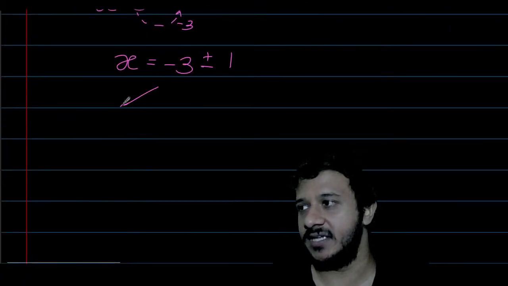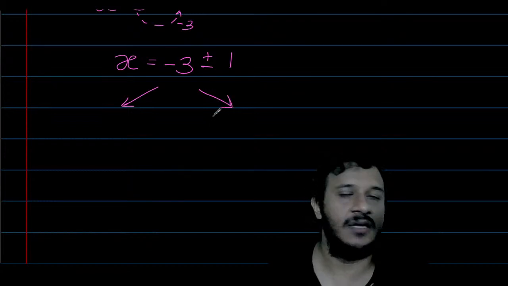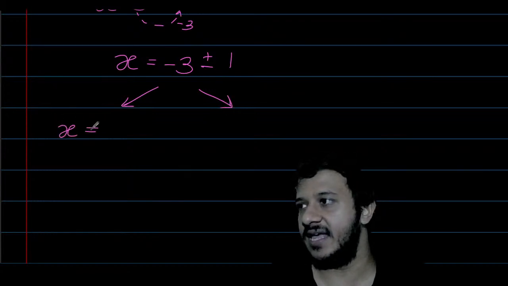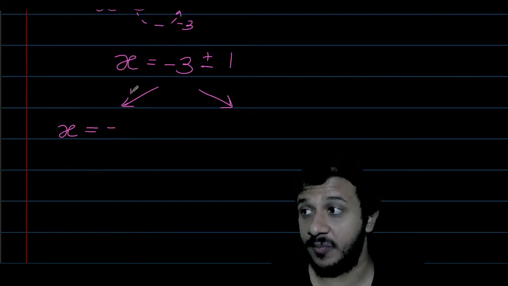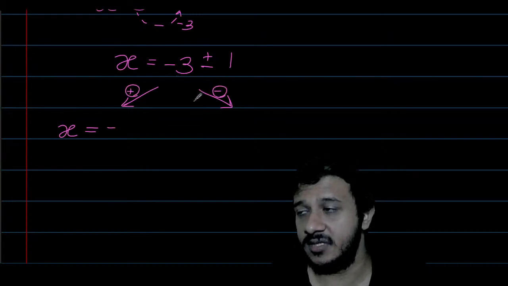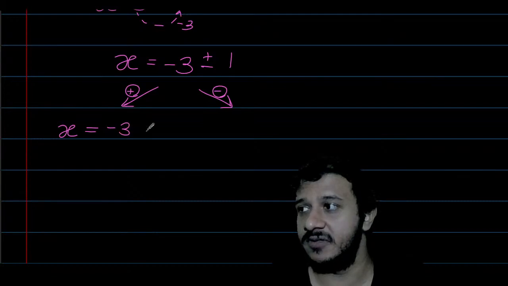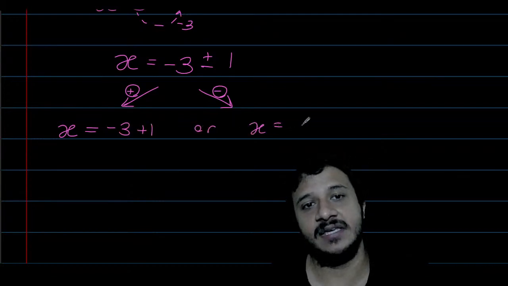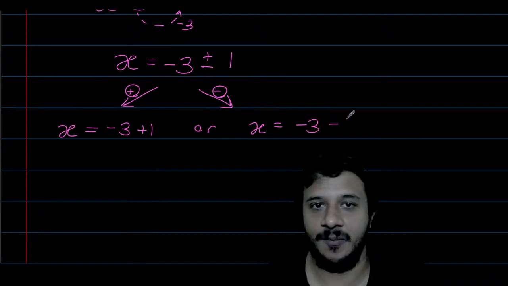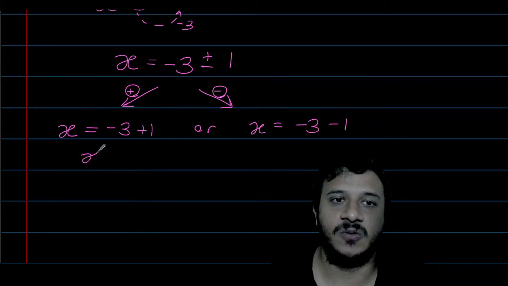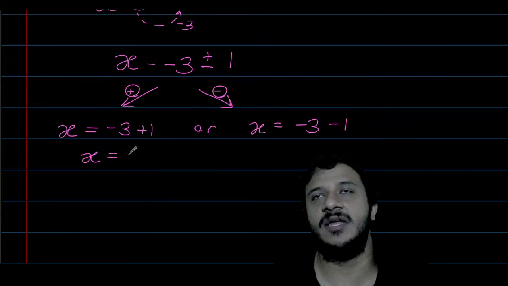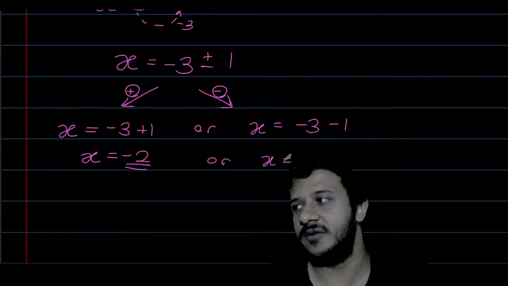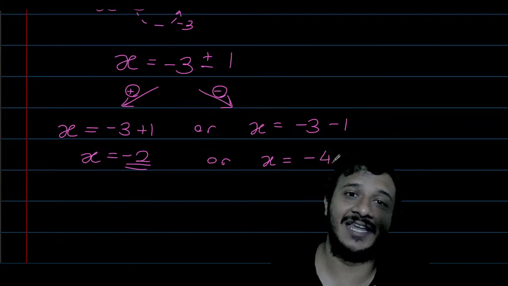Then we will get two answers: either x is equal to -3 plus 1, or x is equal to -3 minus 1. So x is equal to -3 plus 1, which is -2, or x is equal to -3 minus 1, which is -4.